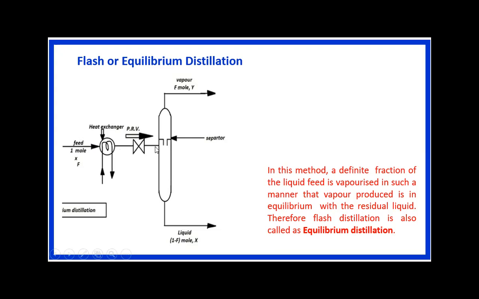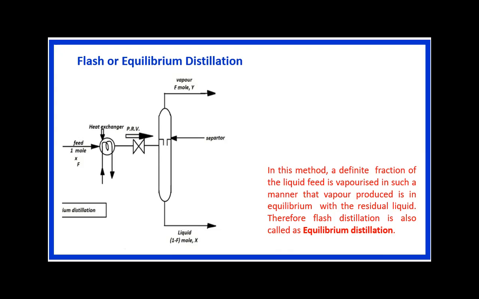That is why it is called flash distillation. And after converting these liquid components into partial vapors and partial liquids, then in the separator or in the column, the vapors which are produced and the remaining liquid are in equilibrium, and that is why this process is also called equilibrium distillation, right?